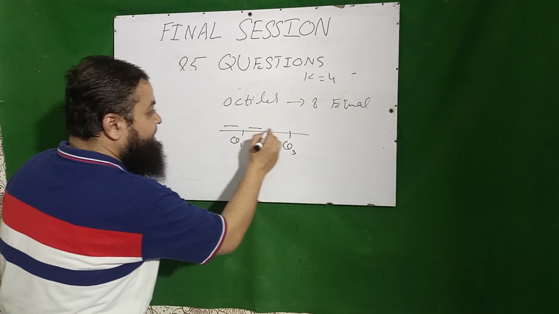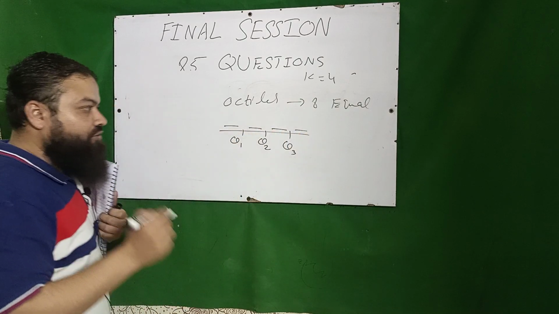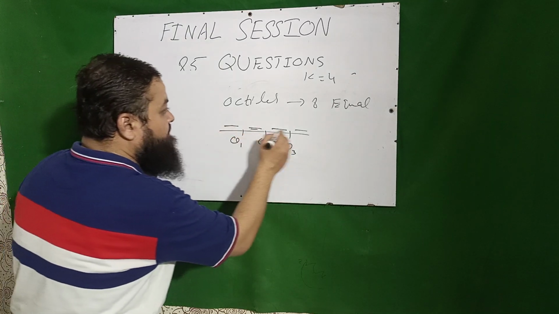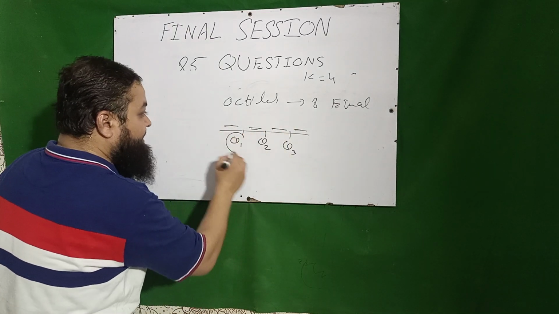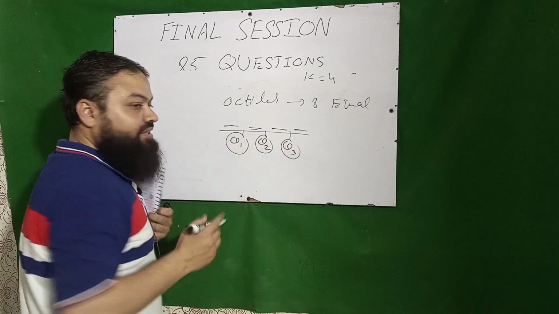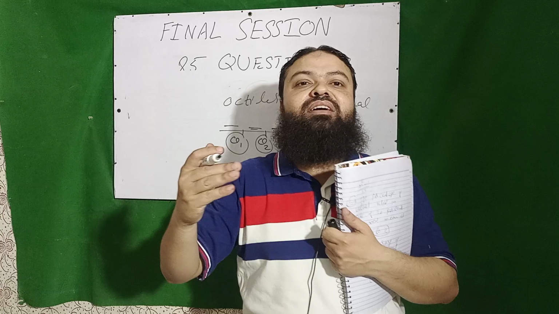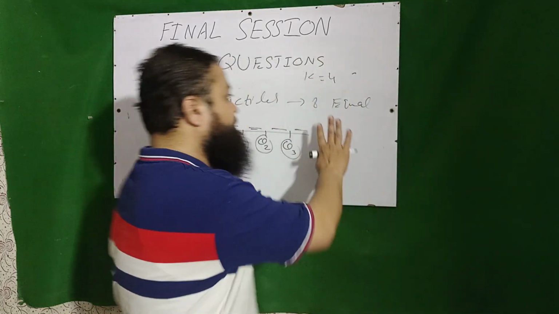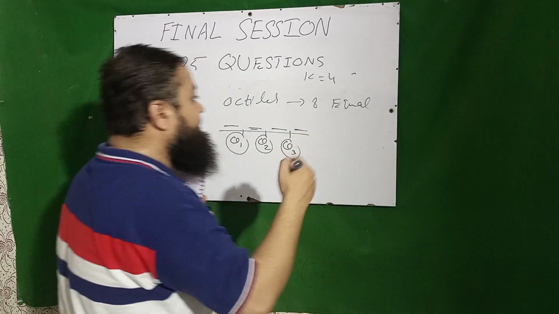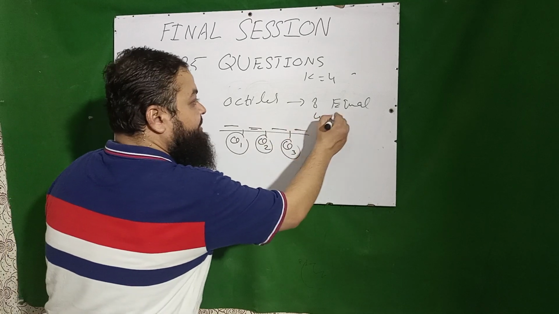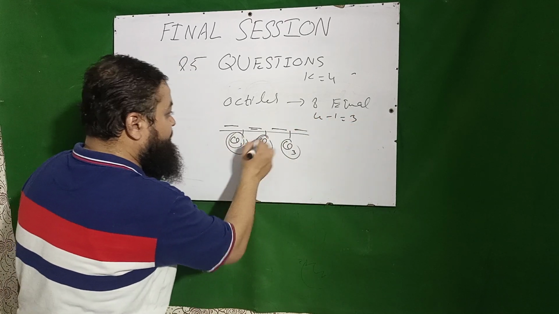There are 4 parts in quartiles, a value which divides the data into 4 equal parts. And how many partition values? They are 3. There are 2 main concepts. If they ask in the exam how many parts are there in quartiles, there will be 4. Then if they ask how many partition values will be there, it will be 4 minus 1, 3 partition values, 1, 2 and 3.